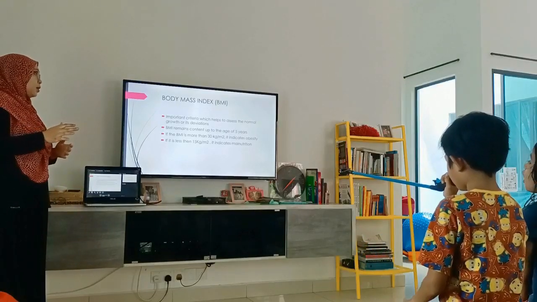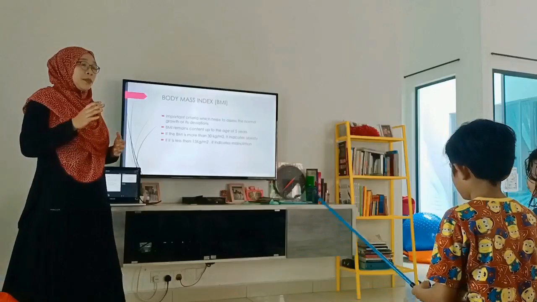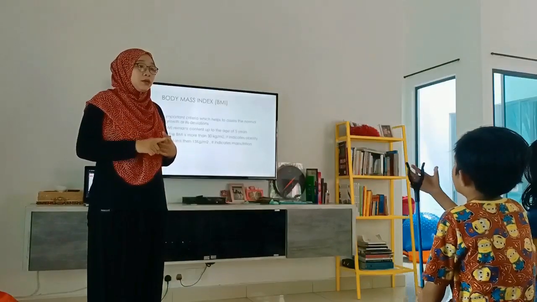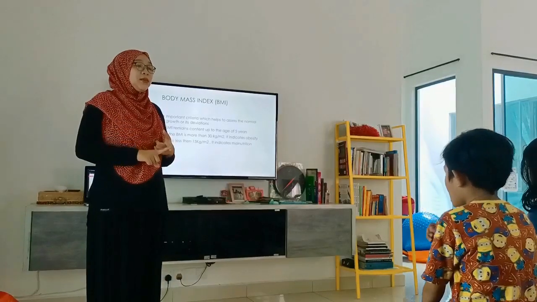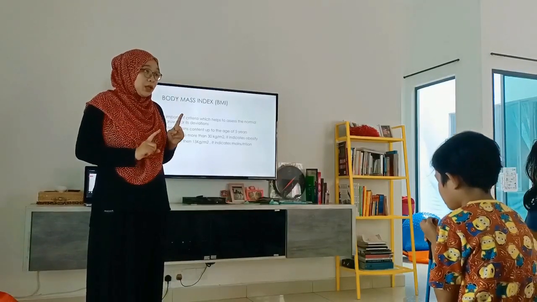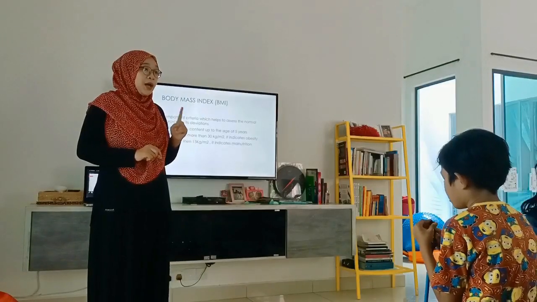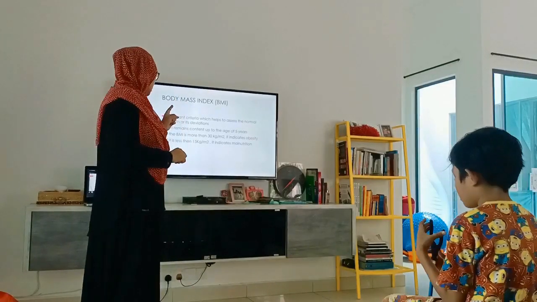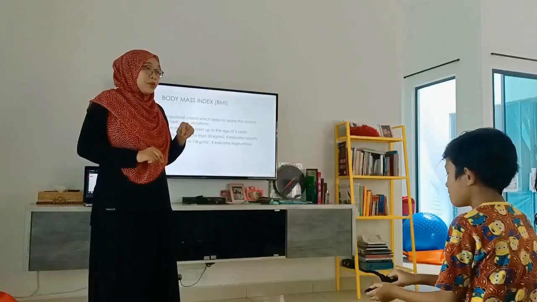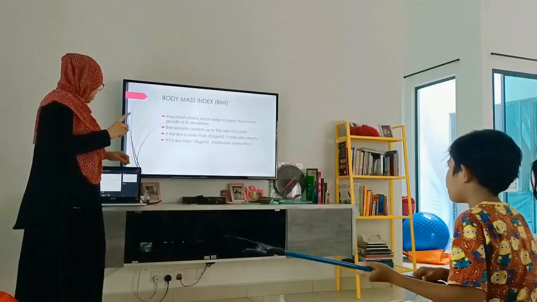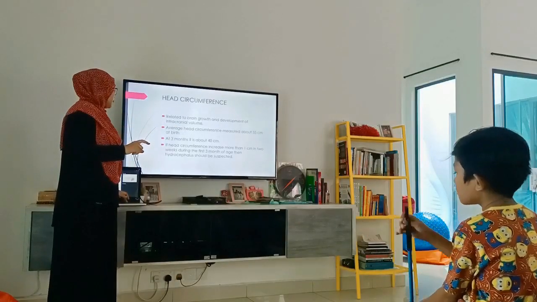It means that if the baby has BMI more than 30 kilogram per meter square, it indicates obesity in the baby. But if the baby has BMI less than 15 kilogram per meter square, it indicates malnutrition. So the baby is not receiving enough nutrition.